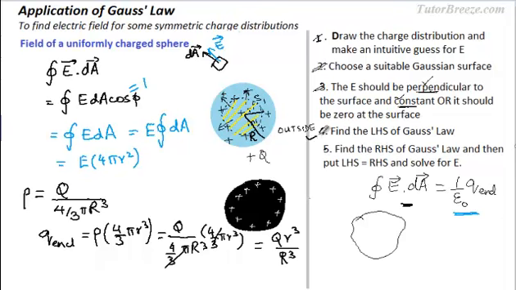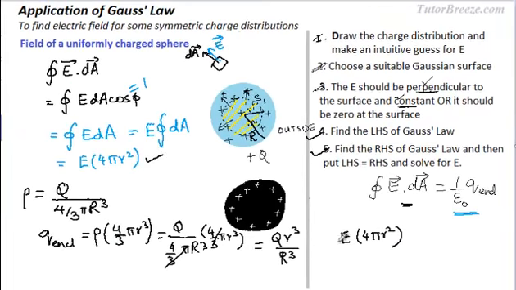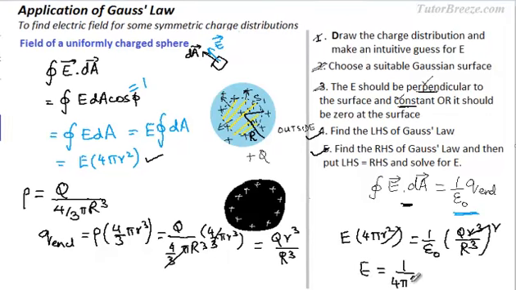Next, we found the LHS and the RHS, and we need to equate the two. So the total flux E into 4 pi r square is equal to 1 by epsilon naught times Q r cube by R cube, and this finally gives us the electric field E as 1 by 4 pi epsilon naught Q over R cube times r, which means the electric field is proportional to r.